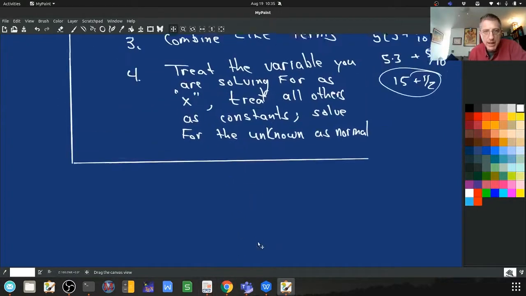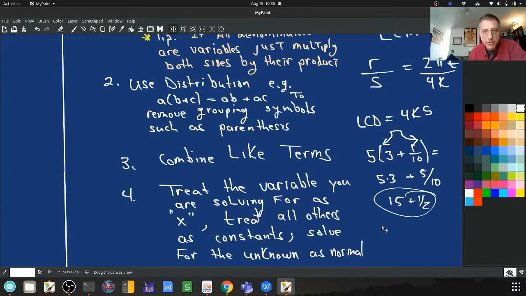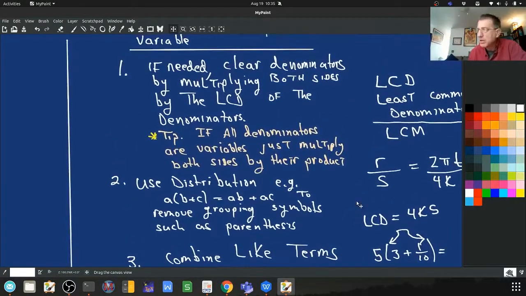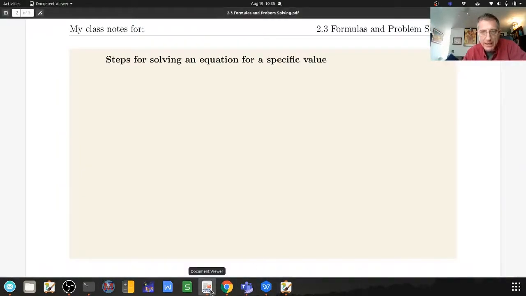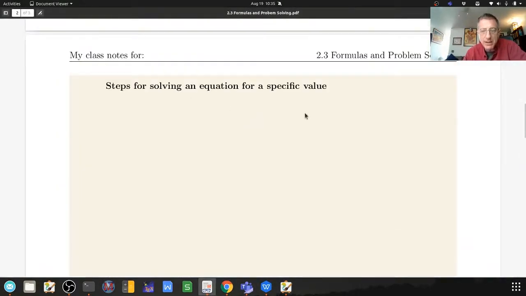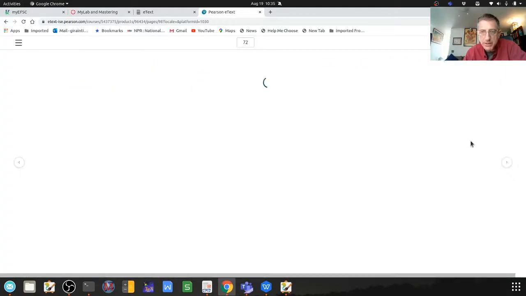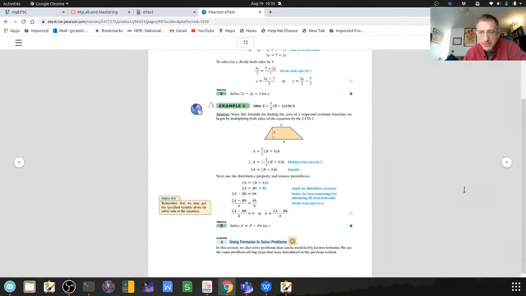So if you've downloaded the notes, maybe I should leave that up for just a little bit. Unfortunately, when I made the notes for this particular class, I decided that when I'm face to face, you retain it more if you write it down. So in my notes there's just a big blank. There's nothing written in here. But if you go to our textbook, you will probably find those steps written out somewhere.